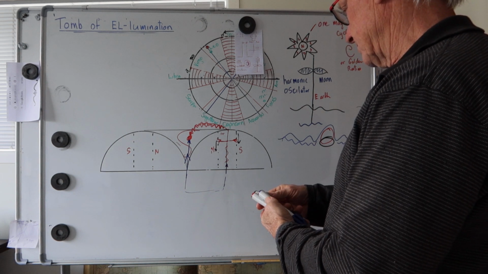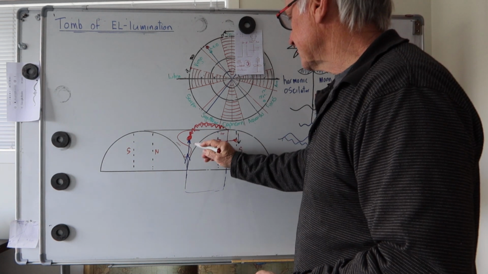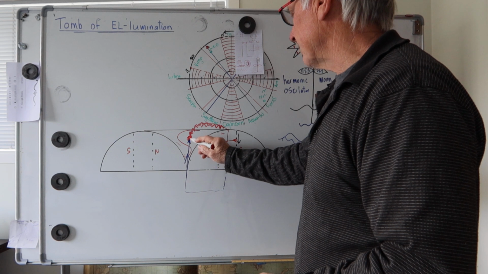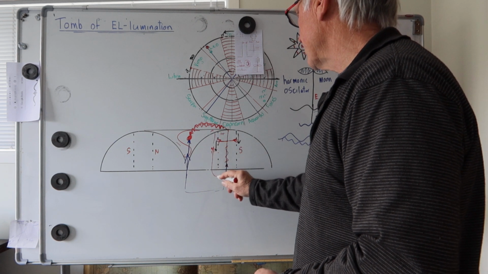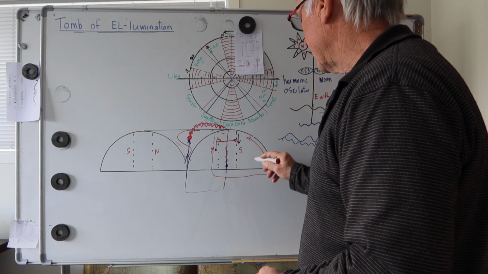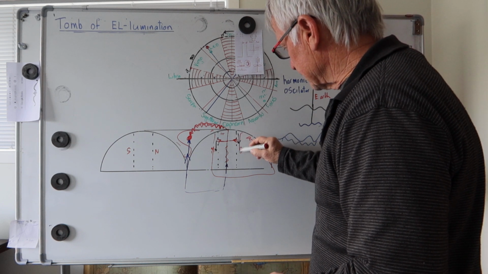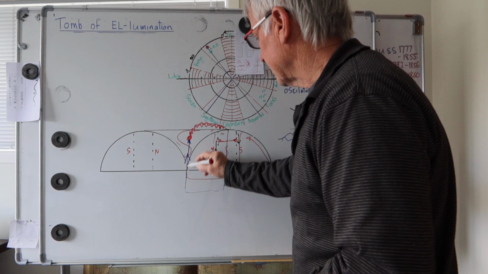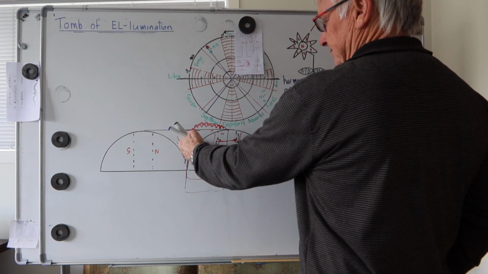So, see what happens here is this rising field comes up via the sun or past the sun, comes over, comes down here, goes along, and then comes up this way. Then it goes back down this way to go back up through here. That's the powerhouse.